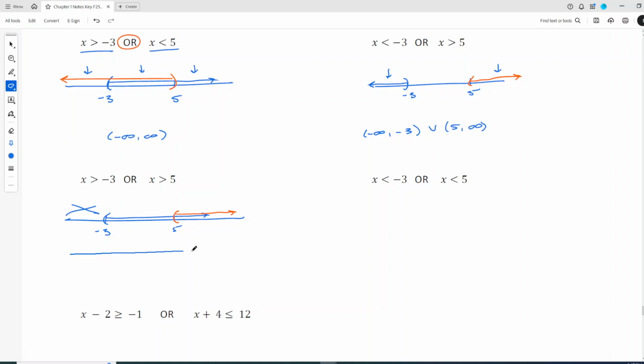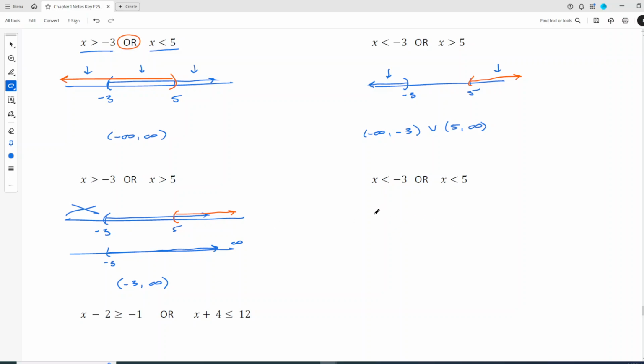The solution will be everything from -3 up to infinity, because all these values will satisfy one or both. So -3 up to infinity. So the biggest difference I find between and or is that for and you go from the bigger number up, and for an or you do the smaller number and up, because it's anywhere there's a graph.